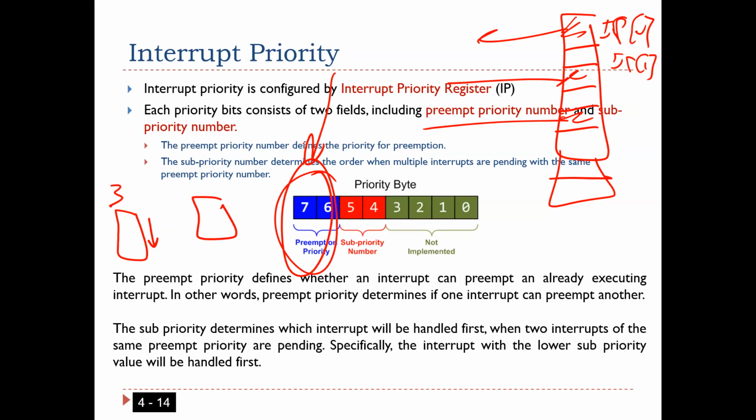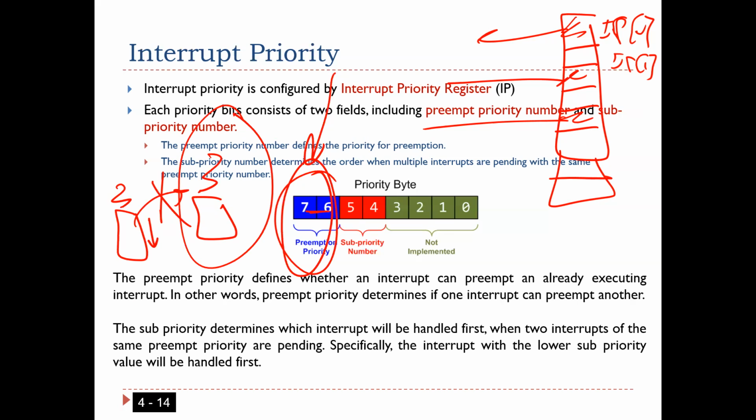If this one has number 2 here, but this source has number 3, what's going to happen? No, I'm not going to go there. Why? Because 3 has less preemption priority than 2. So I'm not going to leave this one. I'm going to continue executing this one because the other cannot preempt this one.